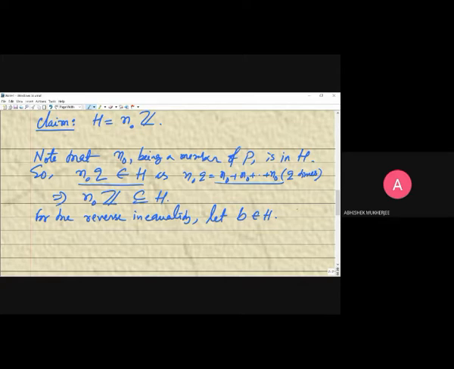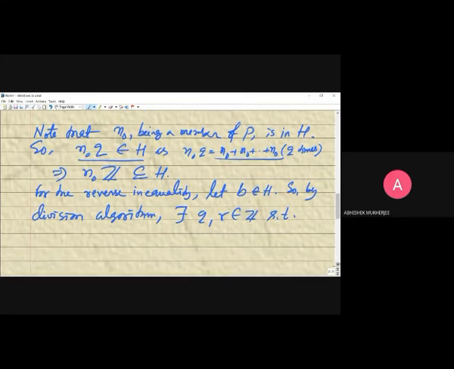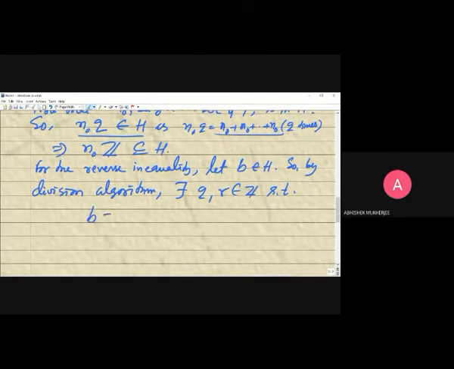So by the division algorithm, there exist Q, R belonging to Z such that B equals N naught Q plus R. Now what is R?